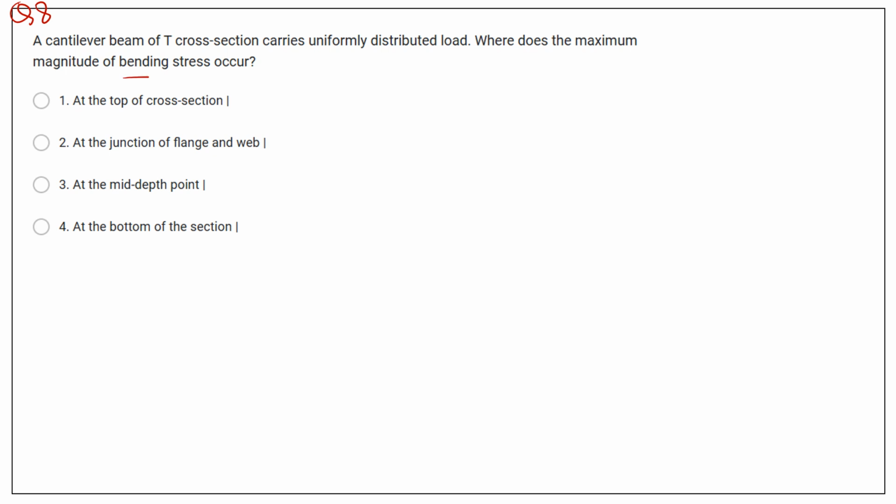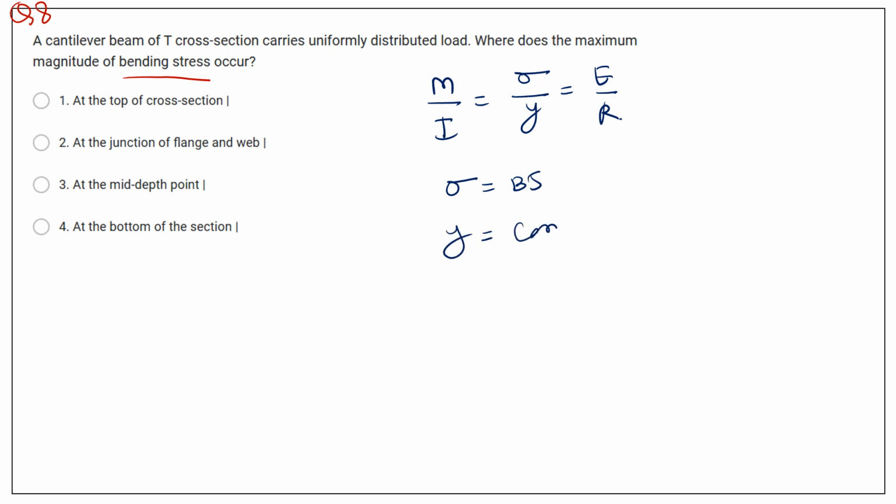So for bending stress, there is one formula, and that formula is M by I equals sigma by Y equals E by R. Here sigma is the bending stress and Y is the distance from the centroidal axis to the extreme fibers, and this sigma is directly proportional to this Y.